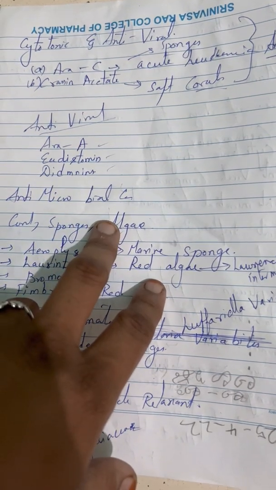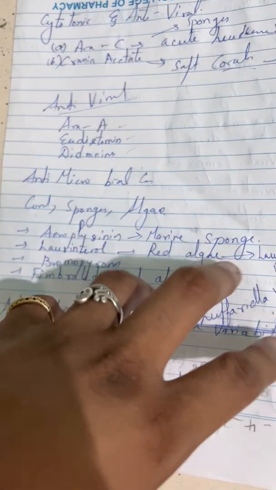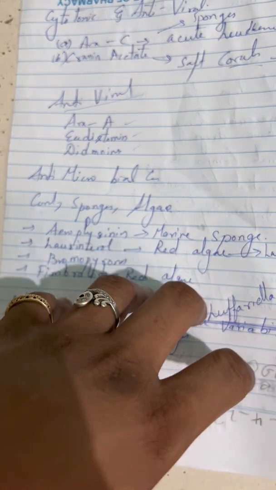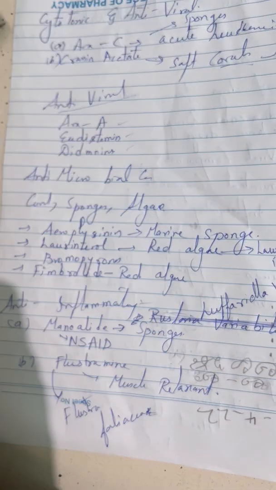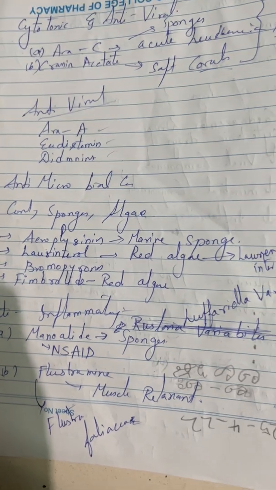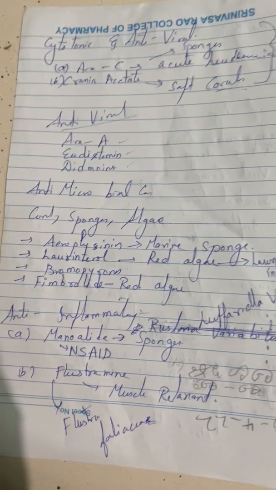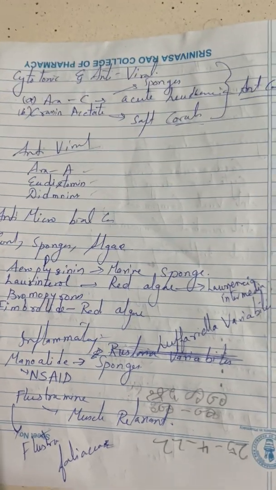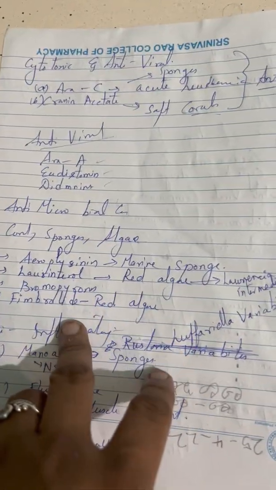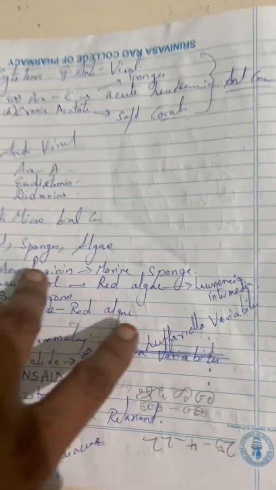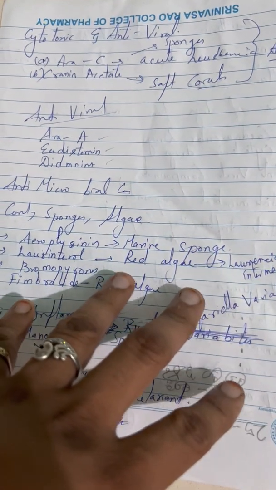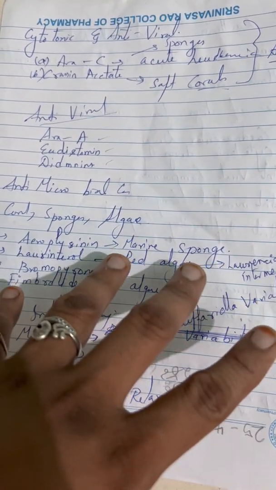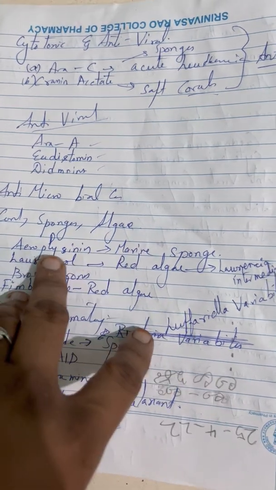Next, antimicrobial. Inside that we have antibacterial and antifungal agents, which show effects on both positive and negative bacteria, and can be obtained from corals, sponges or algae. Many categories of marine species are present, so from them we can isolate antimicrobial drugs.